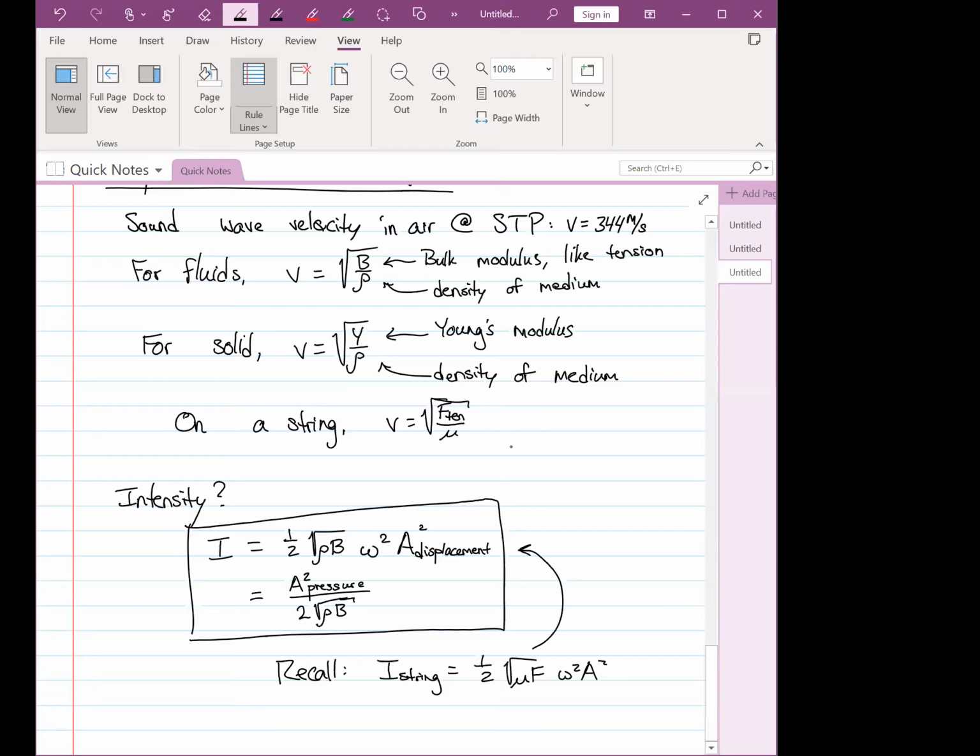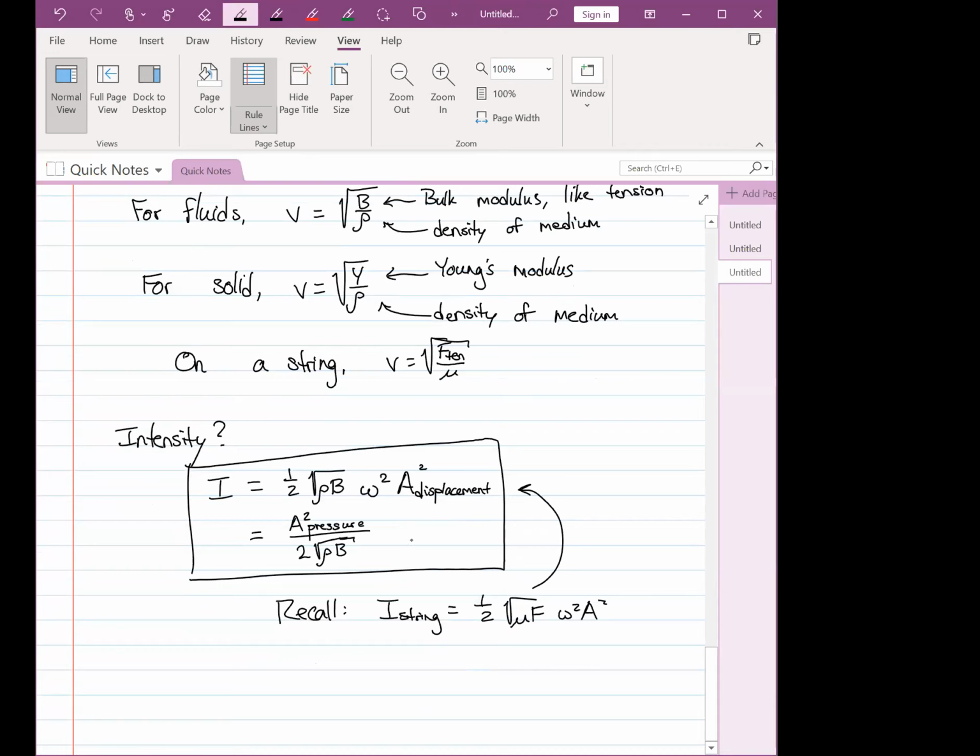That's why a wave on a string is still a wave, just like a wave in the air is still a wave. They both have these same properties. They just depend on different material quantities. But the important part is that both are proportional to the amplitude squared. That confirms what we suspected last time, that the intensity of a wave, regardless of the medium or what type of wave it is, is proportional to the square of the amplitude.